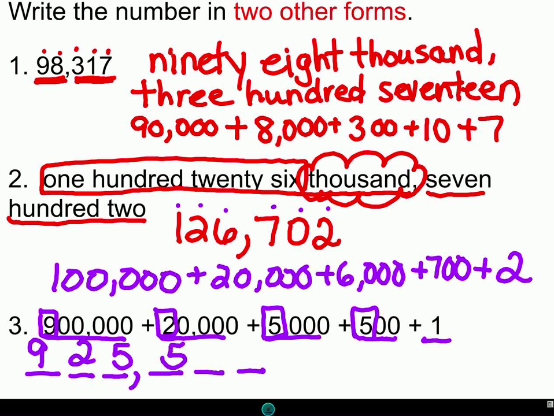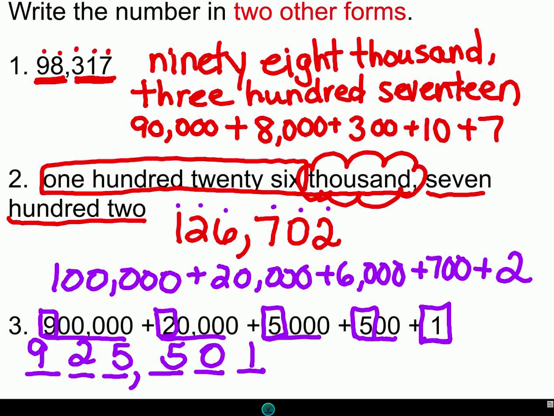How many tens do we have? There is no number in the tens here. It'd be 10, 20, 30, 40, 50, 60, 70, 80, 90. I don't see that. There are no tens. So that's where your 0 comes in as a placeholder, right? To show that we don't have any tens. And last but not least, how many ones do we have? 1. So now our number is 925,501.